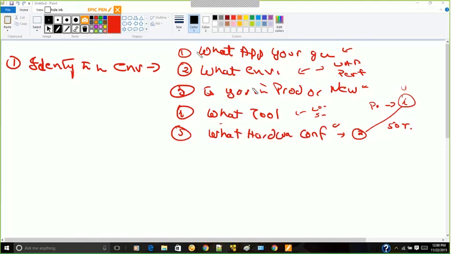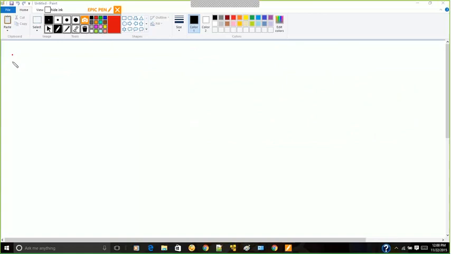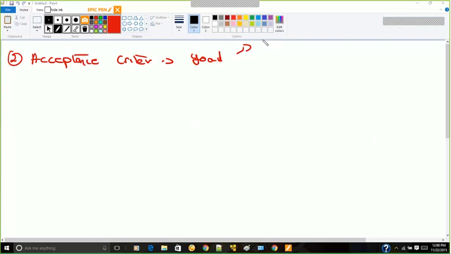Second one is acceptance criteria. Acceptance criteria means, what is the goal? For example, my client wants the response time of each and every page to be less than 3 seconds, or they want a certain throughput or number of hits.